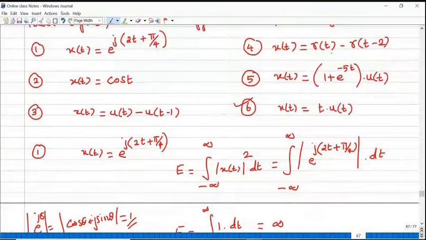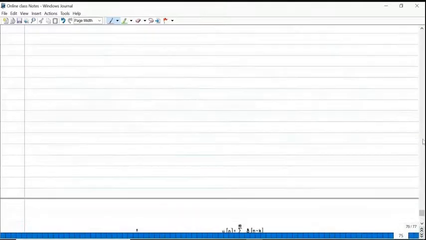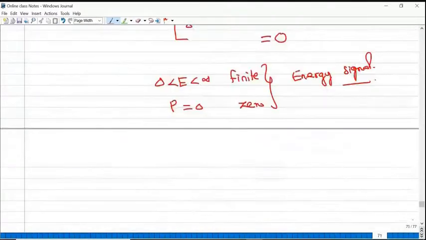x of t equal to r of t minus r of t minus 2. We have to do the signal sketch for r of t first, and then r of t minus 2. Subtract the r of t minus 2 signal from r of t and check the limits.